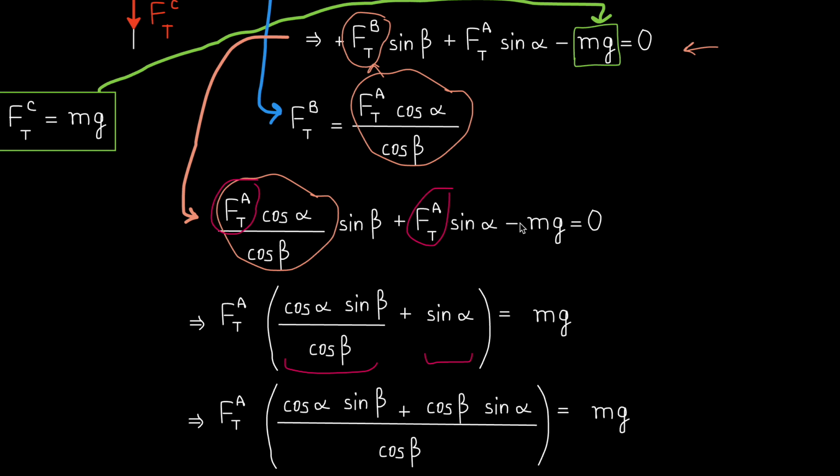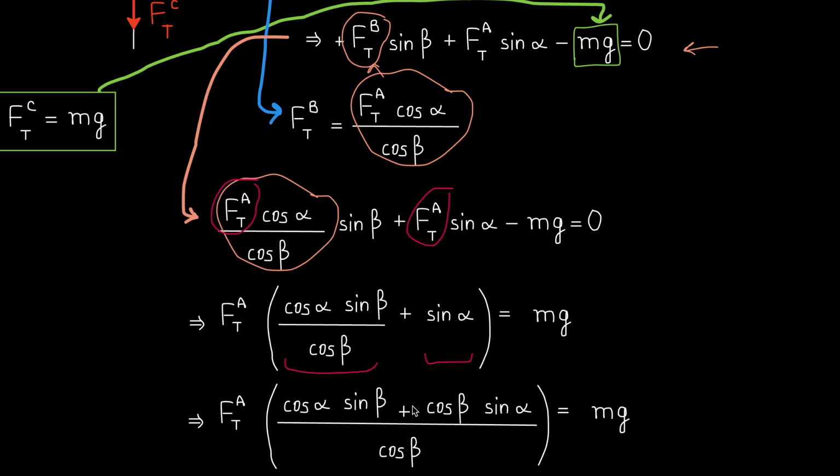Also, another thing I did in this step was to add mg to both sides, so this expression is equal to mg. So basically the next step will be to divide both sides by this whole expression inside the parentheses. But we can rearrange it a little more. We can tidy it up a little bit.